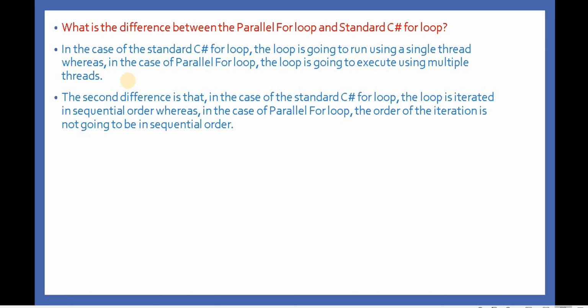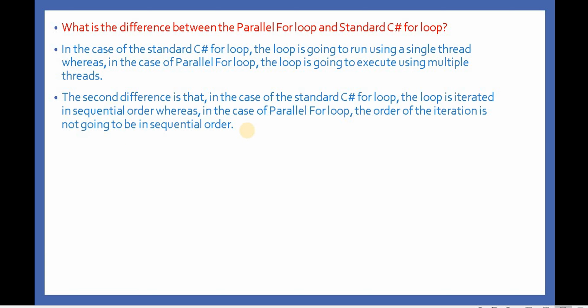And when the parallel for loop goes with multiple threads, the performance will be better than the standard C# for loop. The second difference is that the standard C# for loop iterates in sequential order, whereas in the parallel for loop, the order of the iteration is not sequential.